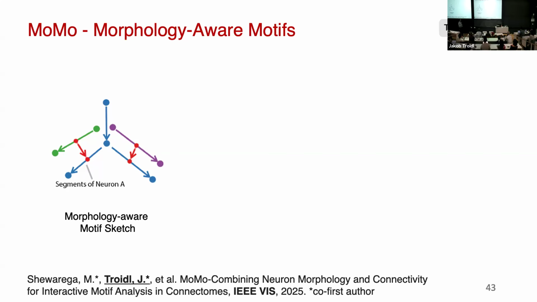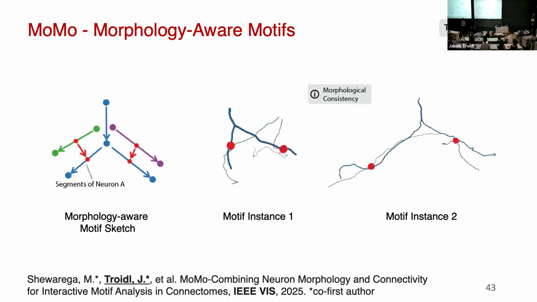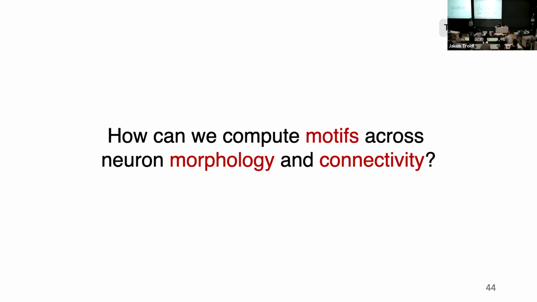In MOMO, we've got one blue neuron that makes a fork. And on each side of the fork, we get one synaptic input connection. Then using MOMO, we can search for instances of that pattern, and we get much more morphological consistency in those instances.